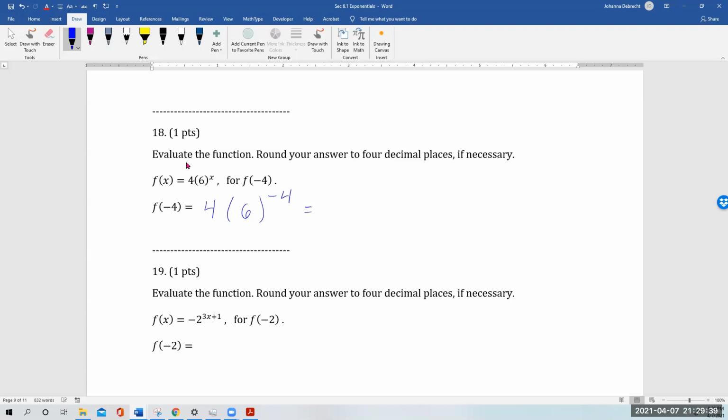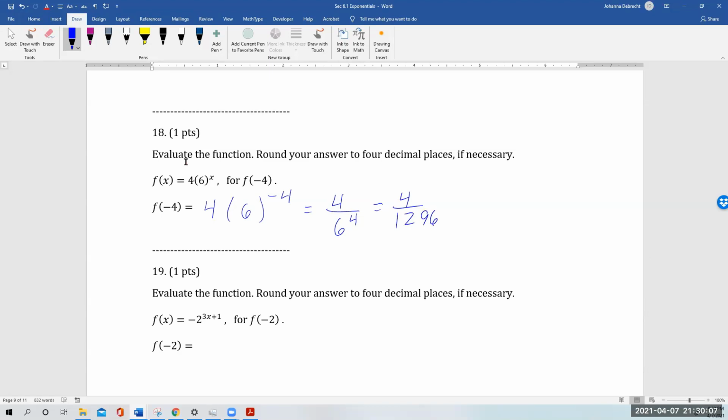You can write this also, since the power is negative, as 4 divided by 6 to the 4th power. 6 to the 4th power, you can use your calculator to determine that that is going to be 1,296. This gives us the value of 4 divided by 1,296 in the denominator.